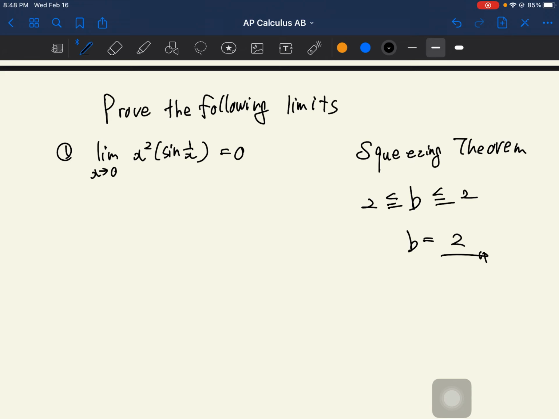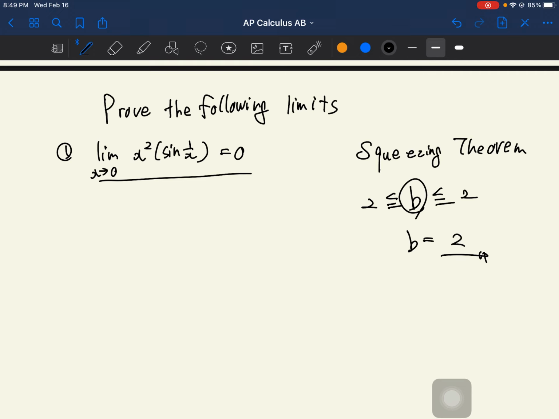This is the squeezing theorem. So to find the value of this one, you try to find the bigger or smaller functions, then you find the limit of those. Let me explain using this question.